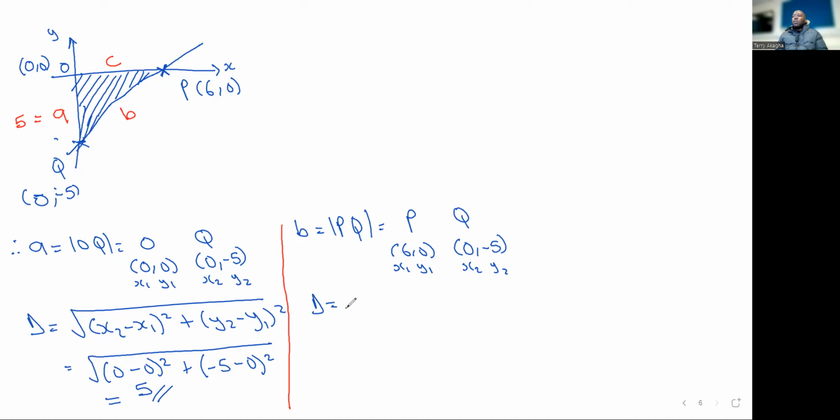The distance is equal to the square root of x2 minus x1 squared plus y2 minus y1 all squared. And then you put this in the formula.